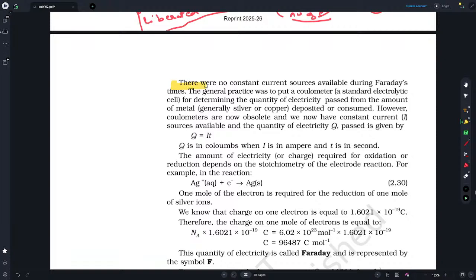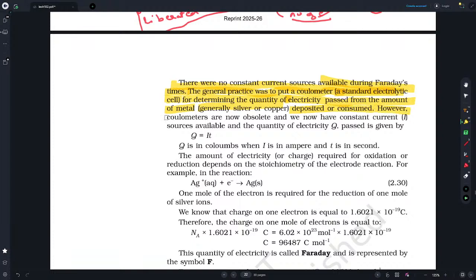There were no constant current sources available during Faraday's times. The general practice was to put a coulometer, a standard electrolytic cell, for determining the quantity of electricity passed from the amount of metal, generally silver or copper, deposited or consumed.